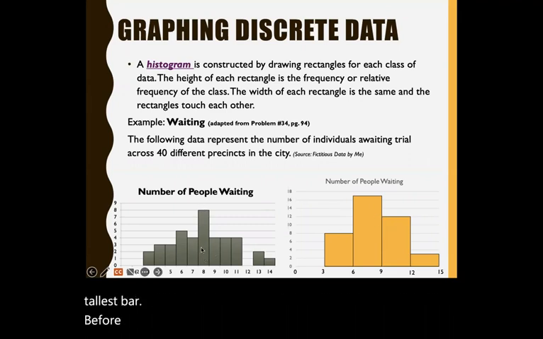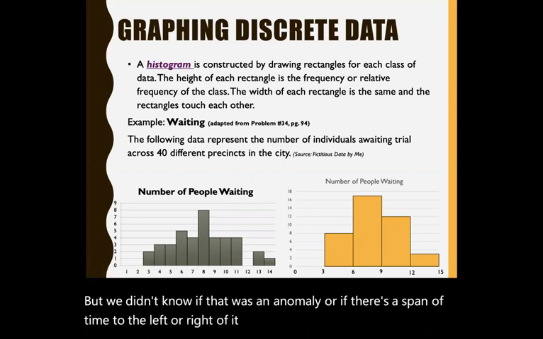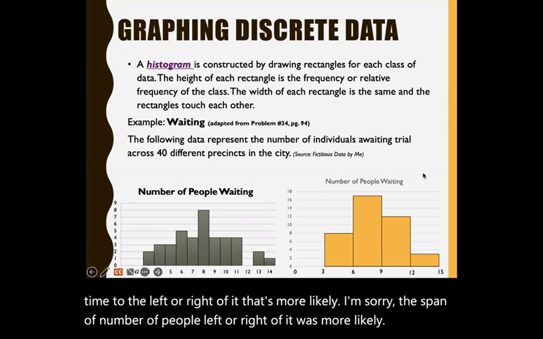Before it was just 8 seemed to be the highest, but we didn't know if that was an anomaly or if there's a span of time to the left or right of it that's more likely. Or I'm sorry, the span of number of people left or right of it was more likely. So we might gain a little bit more in generality.